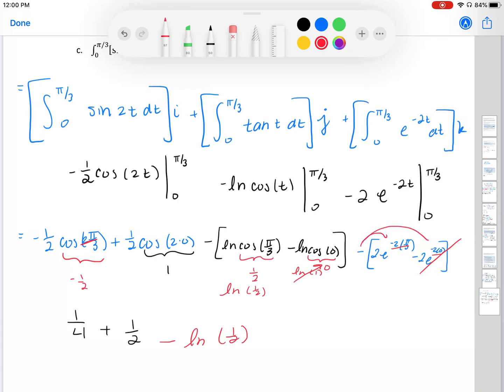So the first term is a minus, the second term is positive, so that I have plus e to the negative 2 pi over 3, that should have been over 2, not times 2, over 2, minus 1/2. And then that is our answer.